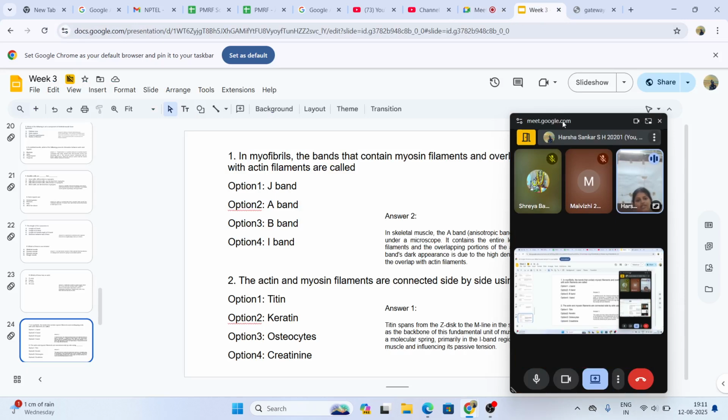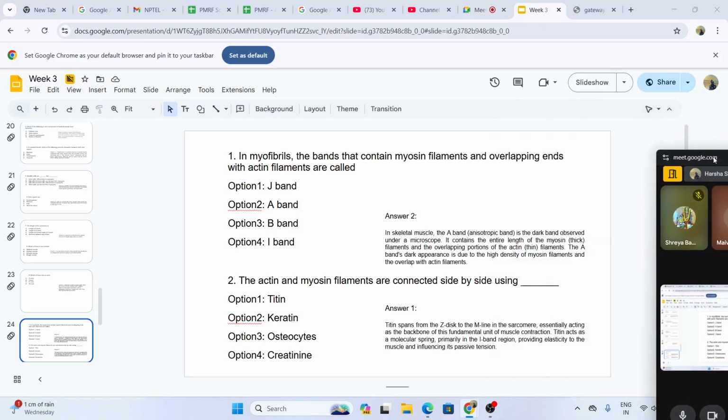Okay, what is titin? Titin spans from the Z disc to the M line in the sarcomere, essentially acting as the backbone of this fundamental unit of muscle contraction. Titin acts as a molecular spring, primarily in the I band region, providing elasticity to muscle and influencing the passive tension.